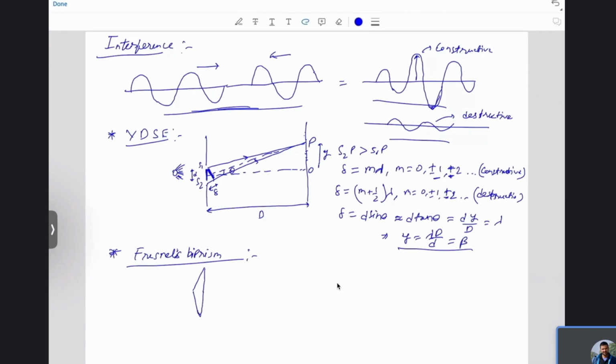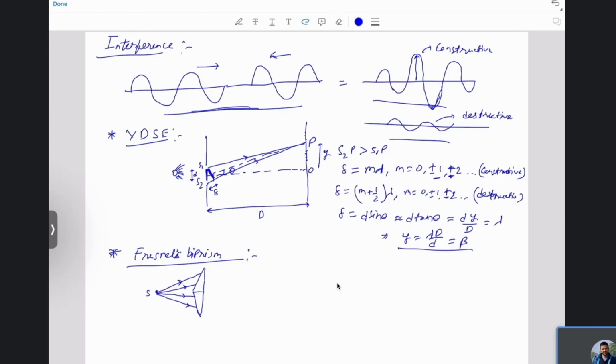If you have a source of light here, suppose S, and it's emitting light in all directions, let's take two rays of light, one like this, another like this. Similarly, take one like this for the lower prism, and one like this.